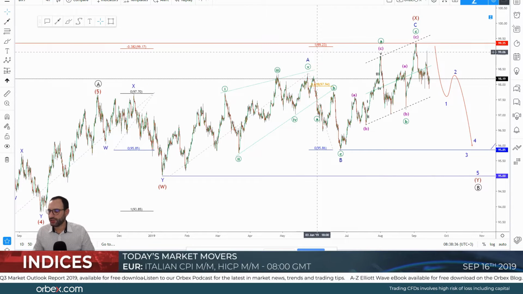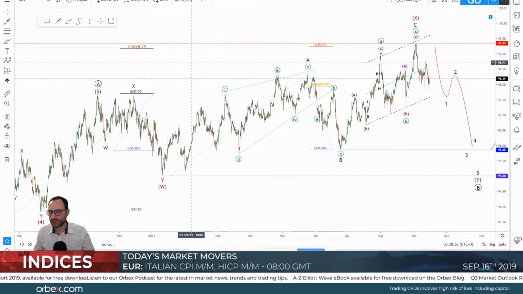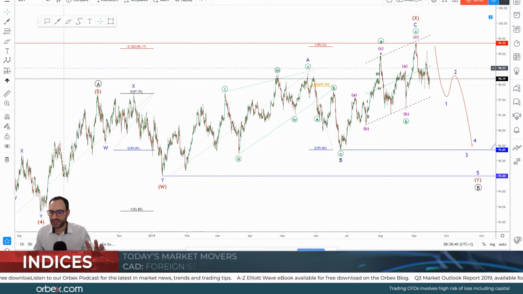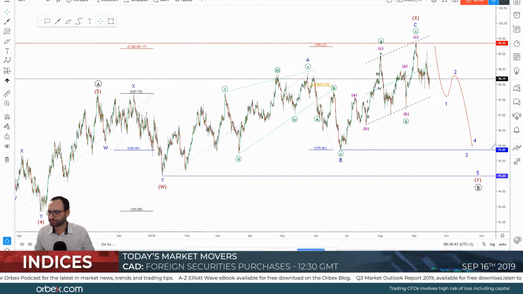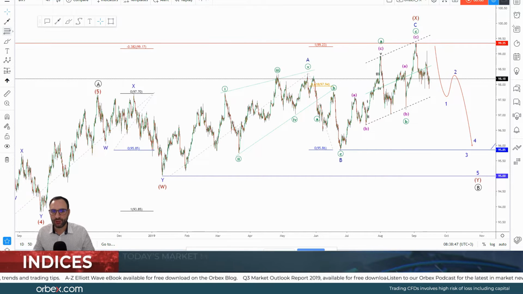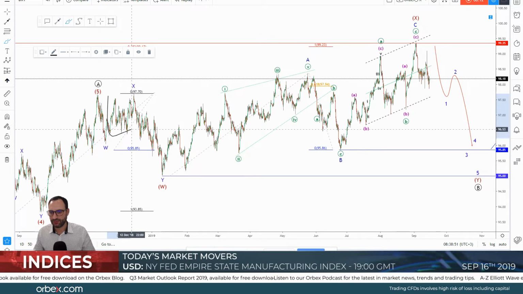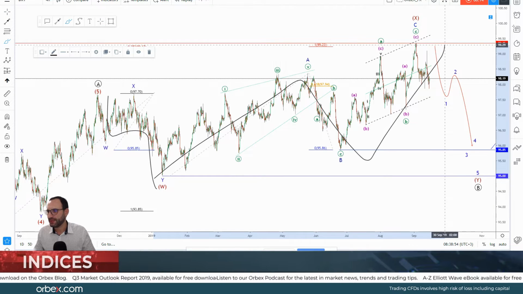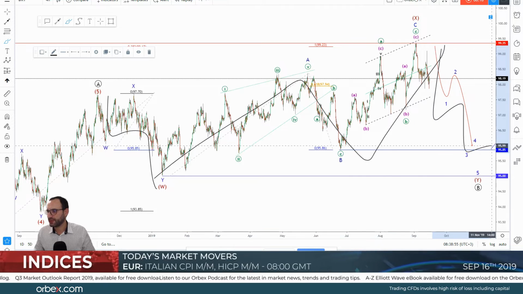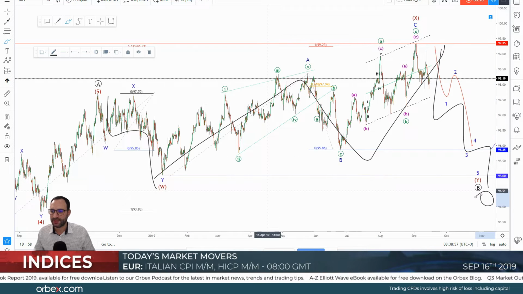So starting with the US index 4-hour chart, what we're potentially looking at here is an expanding flat. We've got the WXY, ABC, and we're looking at 1, 2, 3, 4, and 5. This is going to be the expanded flat pattern.